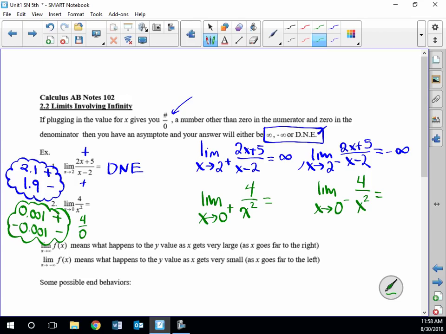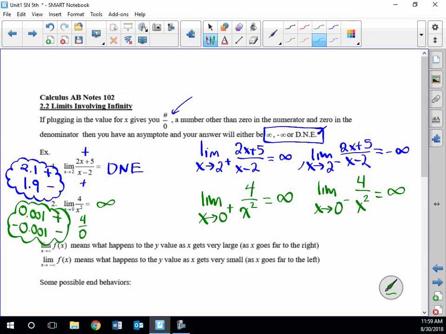So if I plug in a number a little bit bigger than 0 in for x and square it, is that going to be positive or negative? Positive. So this is positive infinity. What about a number a little less than 0, like negative 0.001, and plug it into x squared here? Is that going to be positive or negative? That's also positive. They're both positive. So that means that we get a positive infinity for that one.